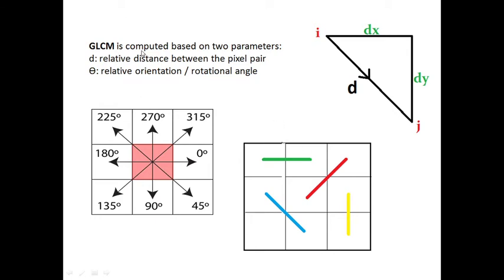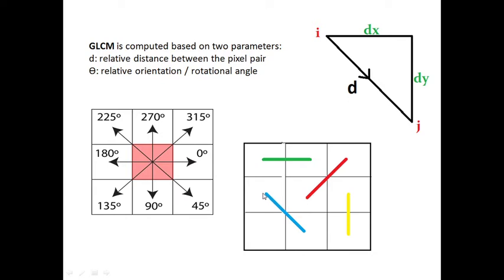That means the GLCM is computed based on 2 parameters: the relative distance between the pixel pair i and j, and theta, the relative orientation between the pixel pair. Assume this is a box, with a pixel here and a pixel here. These 2 pixels are connected with an orientation of 0 degrees.